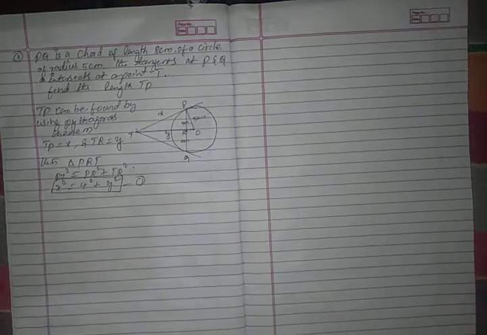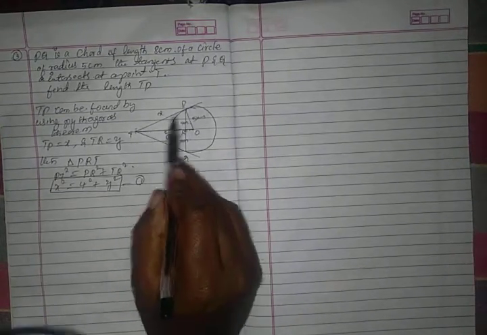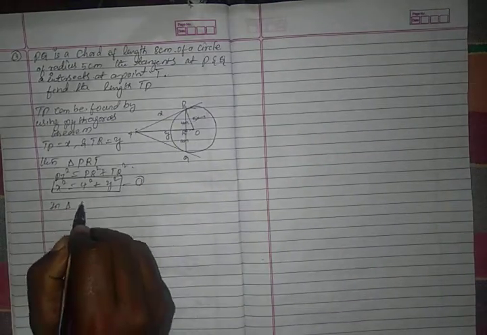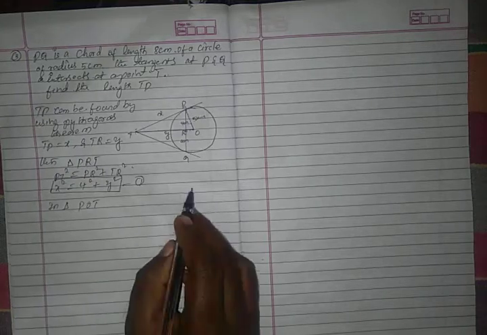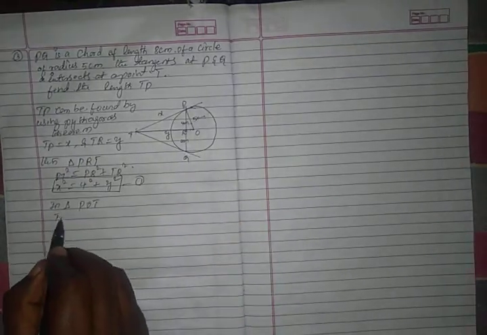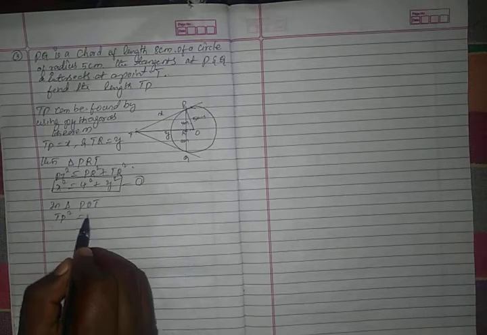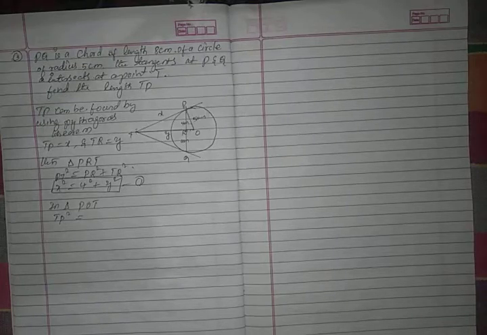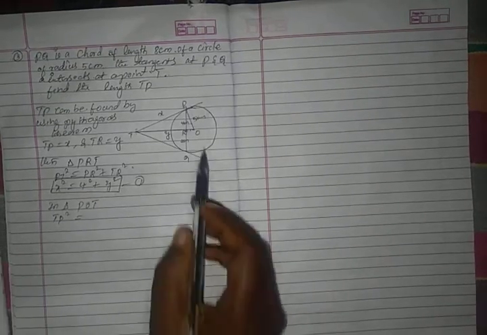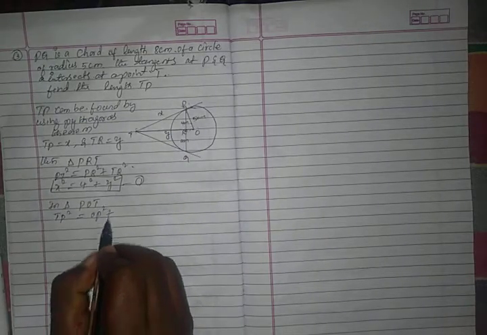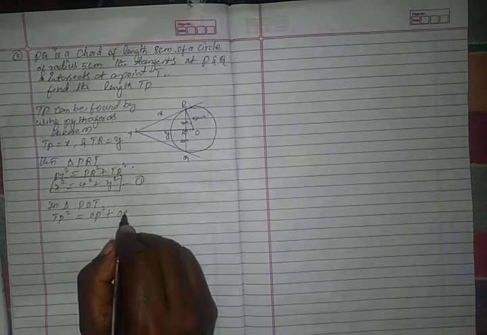And then the second equation, by taking the triangle POT. In triangle POT, again by using Pythagoras theorem, TP square is equal to, here the same hypotenuse is TP square, and the remaining two sides OP square plus OT square.